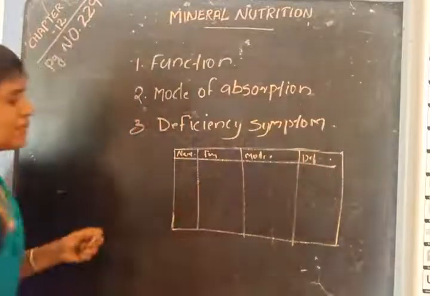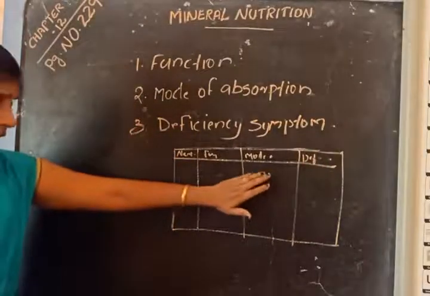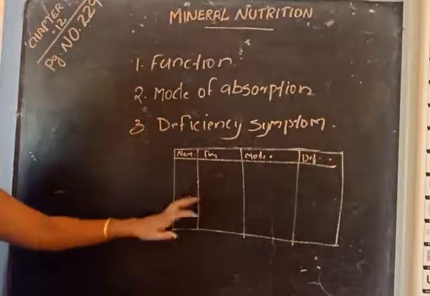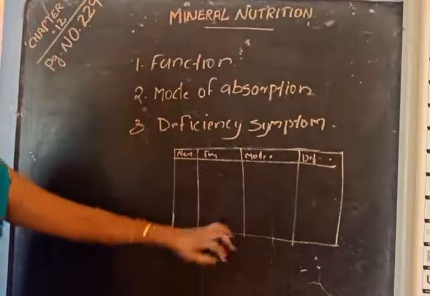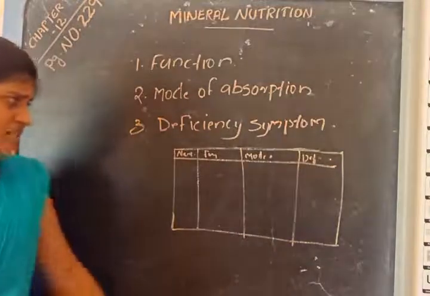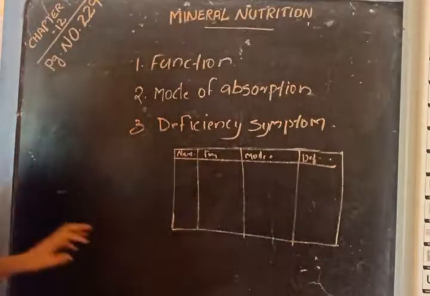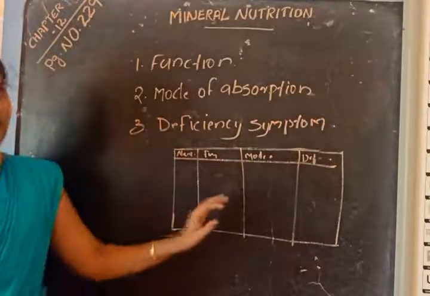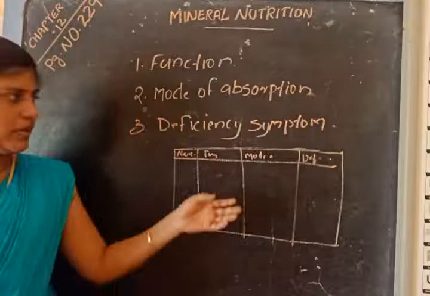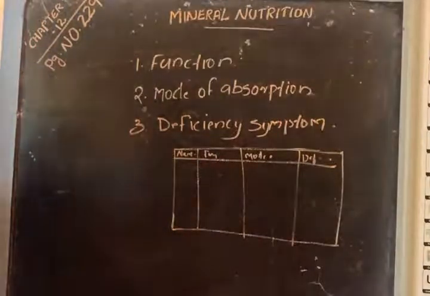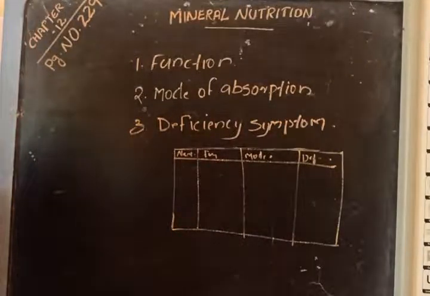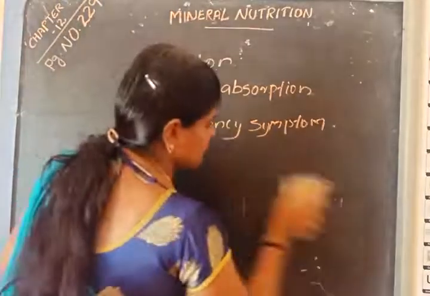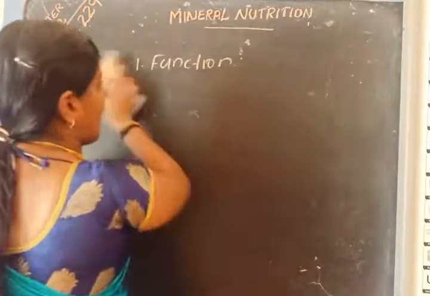It will help you study by comparison, because almost all of the nutrients show the same deficiency symptoms and the same mode of absorption. First we are going to look at the function, mode of absorption and deficiency symptoms of macronutrients. We know macronutrients are minerals which are required in high concentration.